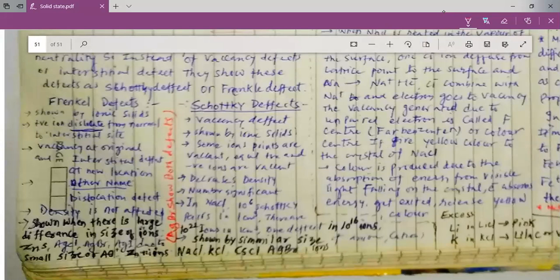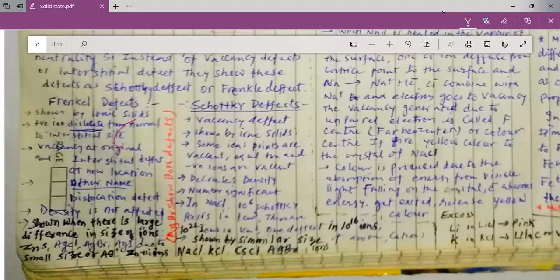In Frenkel defect, the ion goes to the interstitial site. So during the Frenkel defect, my dear students, we can have two types of defects simultaneously seen. One is the vacancy defect, which is seen at the original site of the ion, whereas the interstitial defect can also be seen because the original site of the ion has been left by the ion and it goes into the interstitial site.